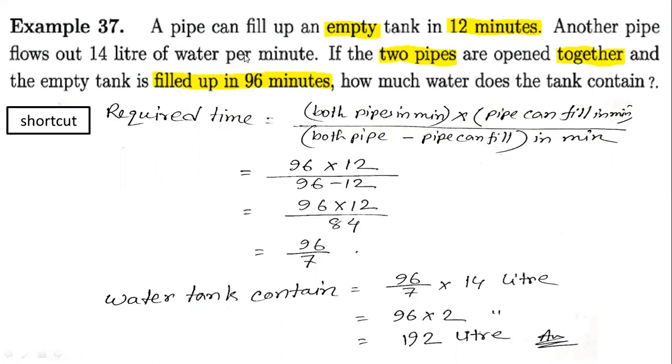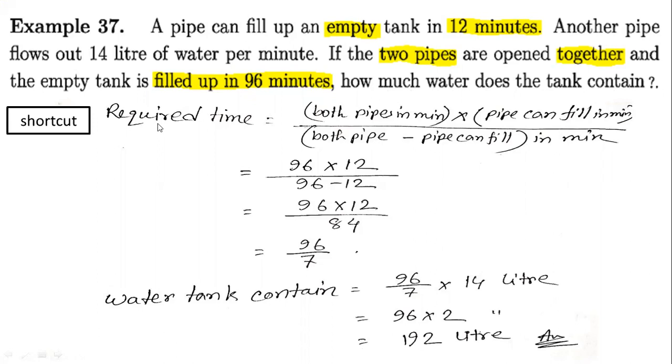And if for 1 minute it flows out 14 liters, so what about for this many minutes? Just multiply these two, then you will get your required answer. So how much water does the tank contain? The answer is 192 liters of water, and this is the very shortcut formula for solving these types of math.